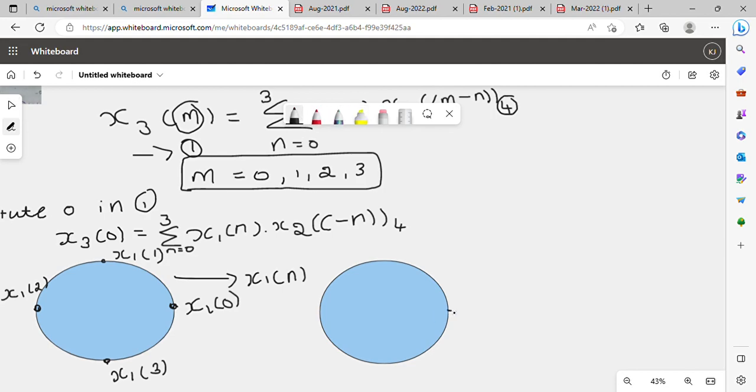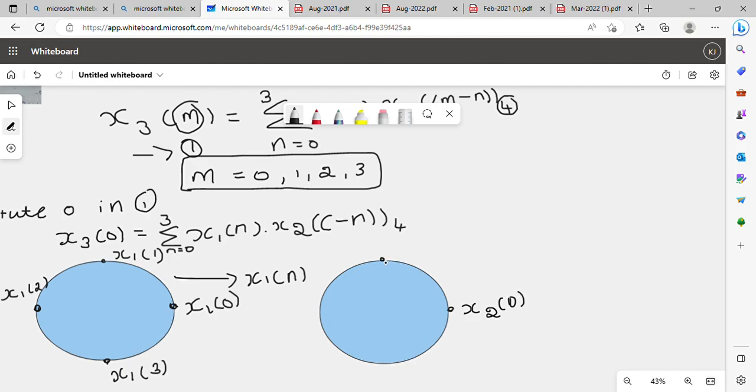So x2 of n also I need to take in anti-clockwise direction. So let me take it in my anti-clockwise direction. So just a minute, students. This is x2 of 0.